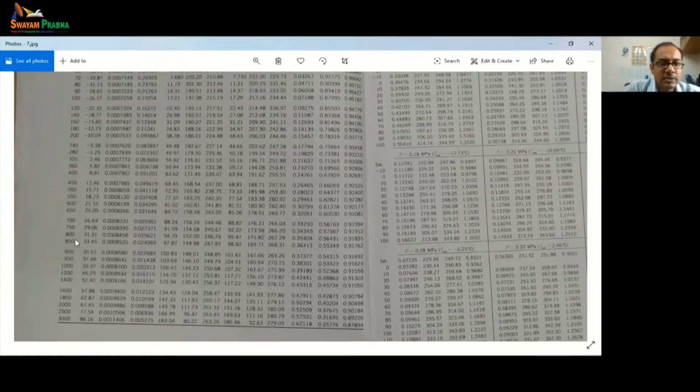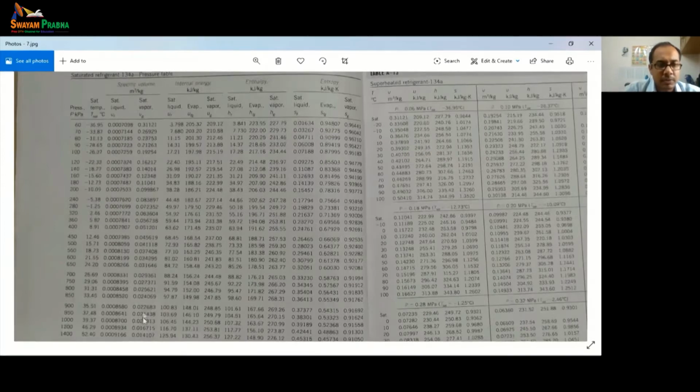You see the first column is pressure and this is 850 kPa. So the temperature will be 33.45, that's the saturation temperature, and the specific volume will be that of the saturated vapor, because that is given. So the specific volume is 0.024069, that would be the saturated vapor volume, and the temperature will be 33.45.